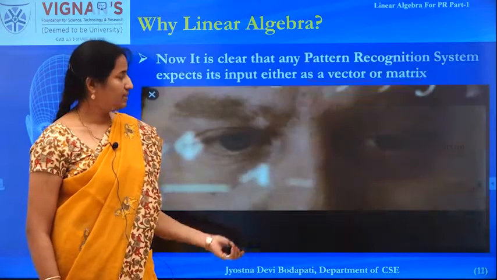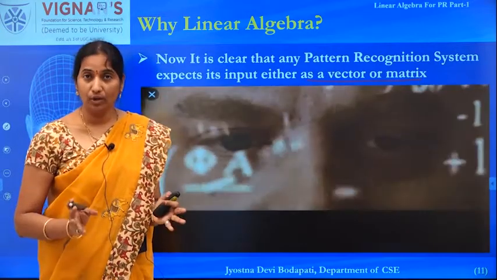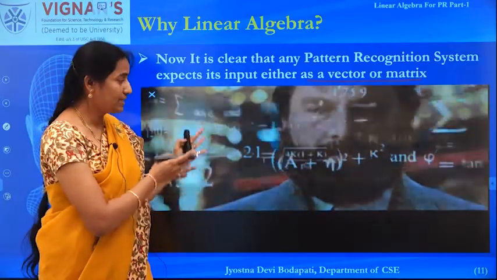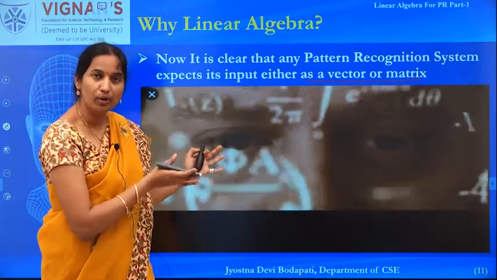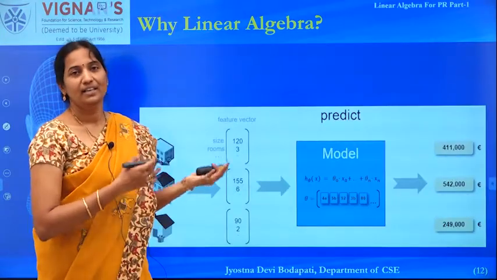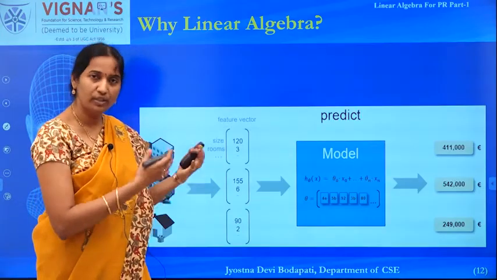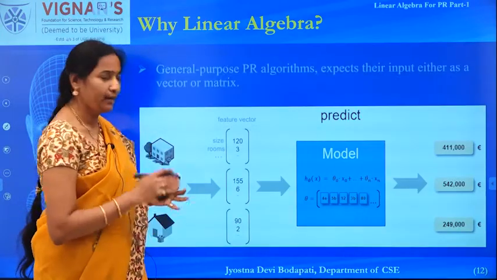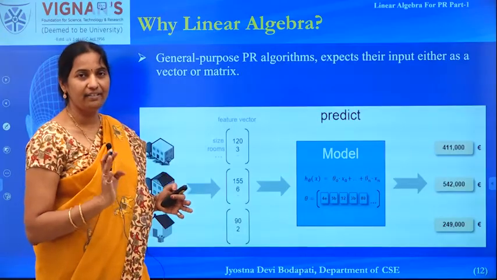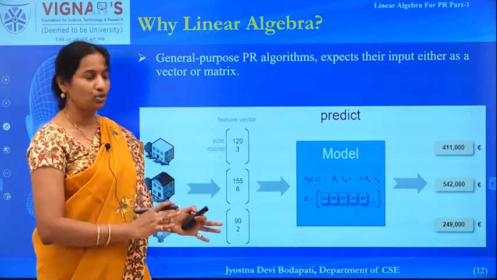So you need to have an understanding of the mathematical background to understand what is happening inside this machine learning model. That is the reason why you should have familiarity with linear algebra, then probability and statistics, and also calculus. I hope now it is clear. I justified why I am teaching mathematical foundations as part of the pattern recognition course.